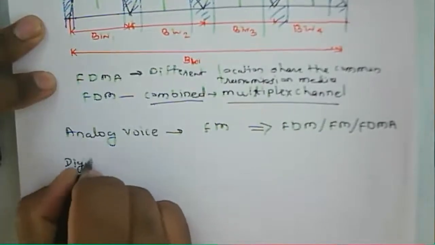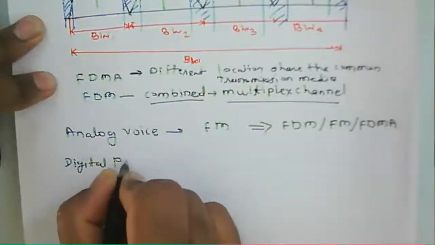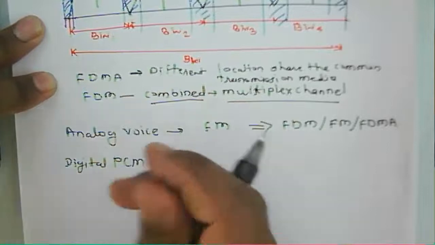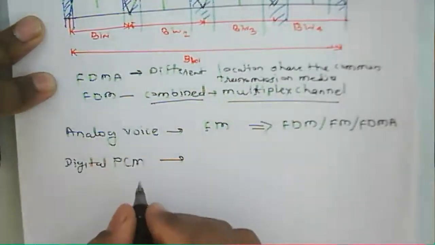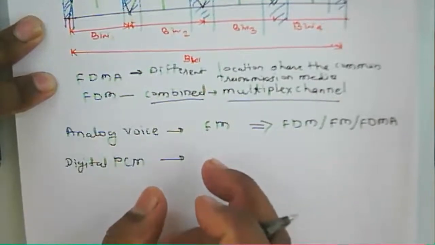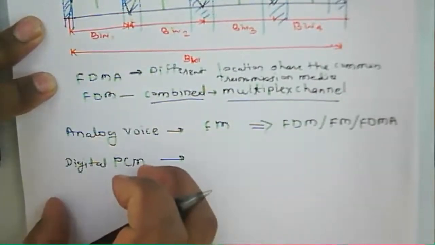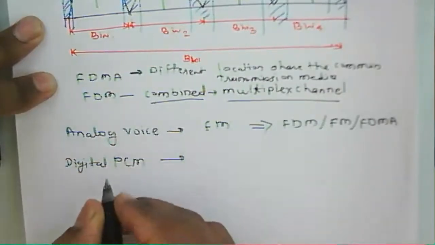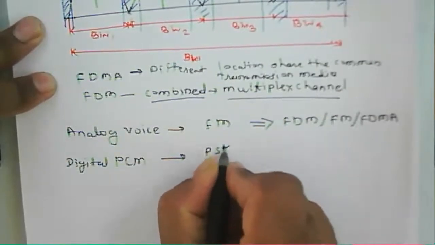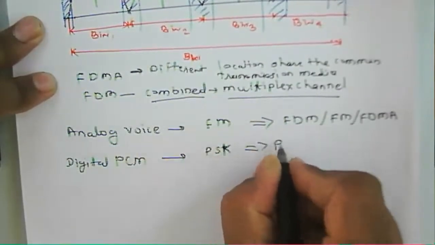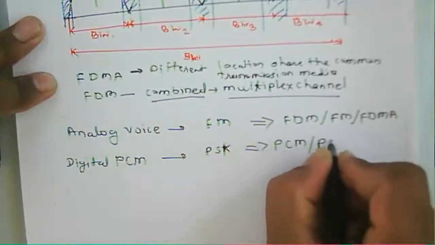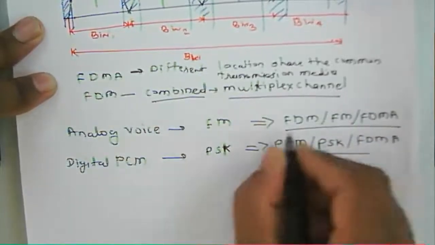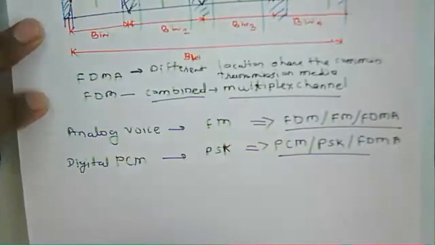If it is digital PCM coded voice, it is a digital signal, and that will be multiplexed with PSK modulation. Then it will result in a PCM-PSK-FDMA system. The first one is an analog system, and this one is a digital system.